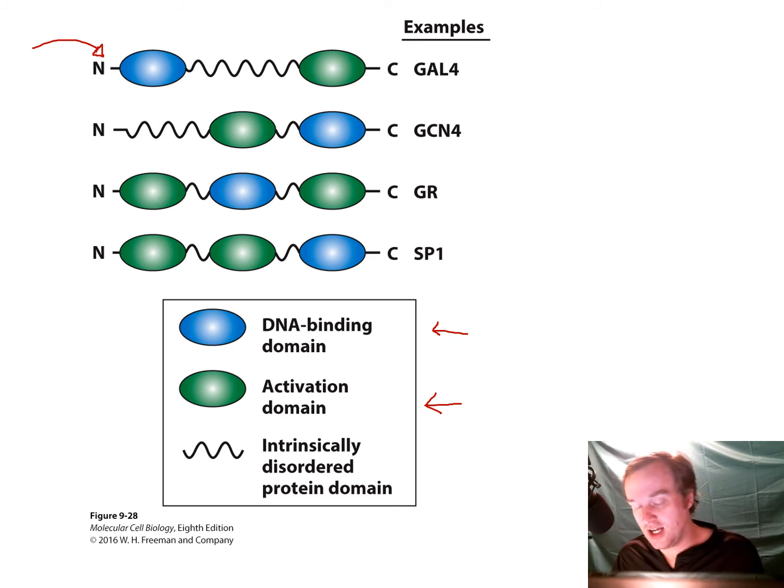There have been some interesting experiments where you can take the activation domain from one activator, combine it with a DNA binding domain of another activator, and still have activation. If you're interested in those studies, go look at my genetics lecture on transcription, because I believe it's in there. But yeah, they have these two different domains. They can have multiple activation domains, but one binding domain.